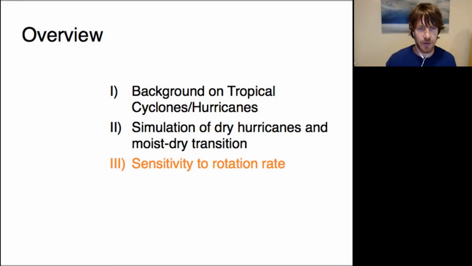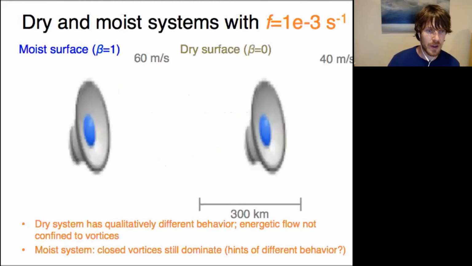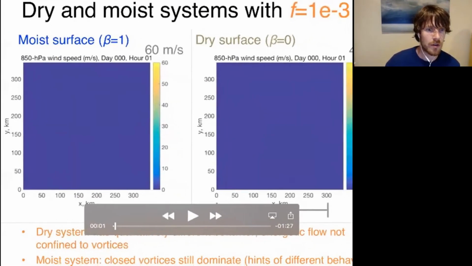Knowing that if we increased the Coriolis parameter, the length scale for storms would decrease, we wanted to ask the question, what if we spun it faster? I showed results already with a pretty rapid rotation rate before, of 3 × 10⁻⁴ inverse seconds for the Coriolis parameter. I'm now going to show results with about a 3 times larger rotation rate. So I'll pull in the movie for that.